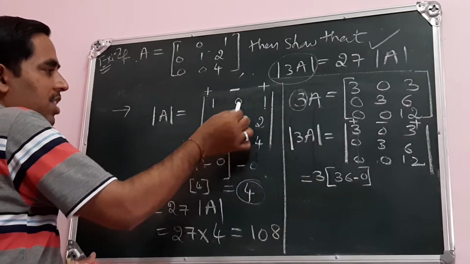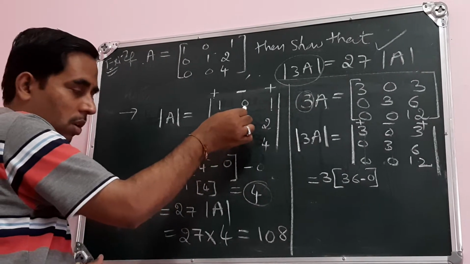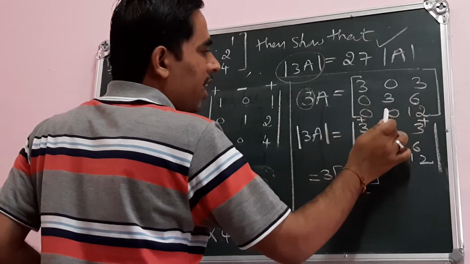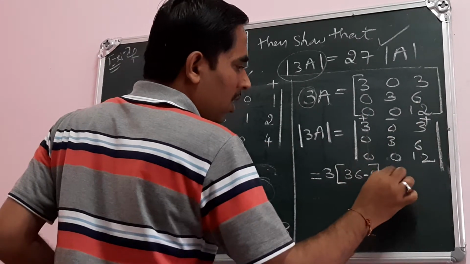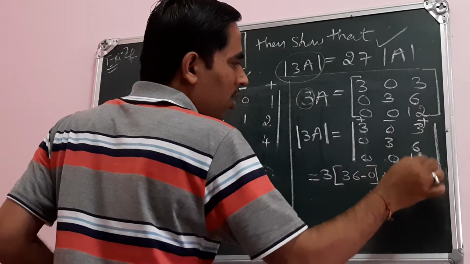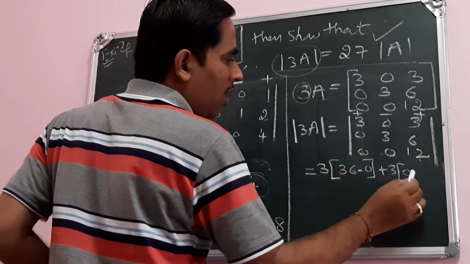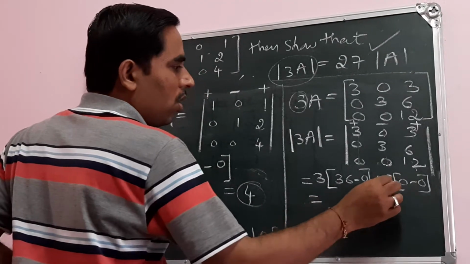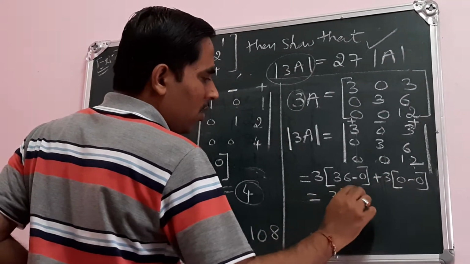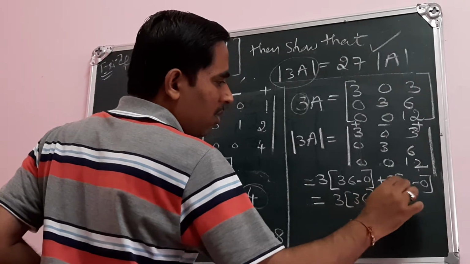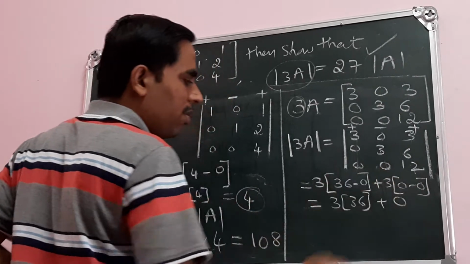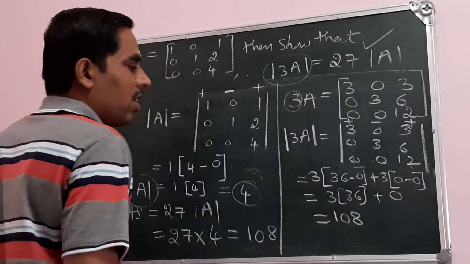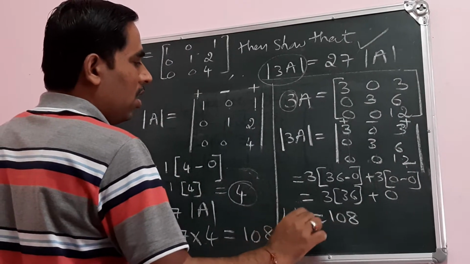If 0 comes in the first row, you need not worry about that element; we can leave it, since 0 into anything is 0. Then I consider the next element, plus 3 into, leave this column and this row: 0 into 0 is 0, minus 3 into 0 will also be 0. So this is 3 into 36, plus 0 minus 0, and 0 into 3 will be 0. So 3 into 36 I can multiply here, and it will be 108. So this is our LHS.